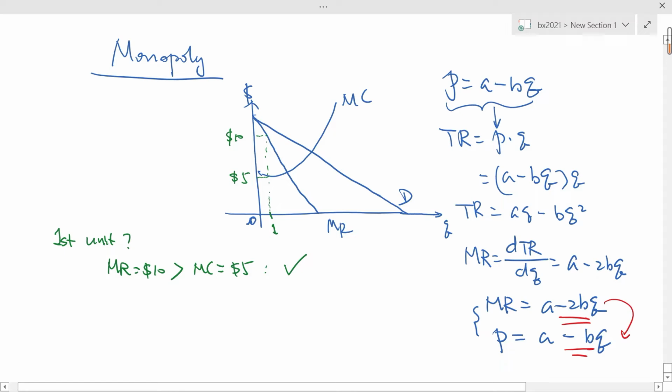Now I've decided to produce the first unit. What about the second unit? Do it similarly. For the second unit, go from 2 up to the marginal revenue and read it out. Say it is $8.